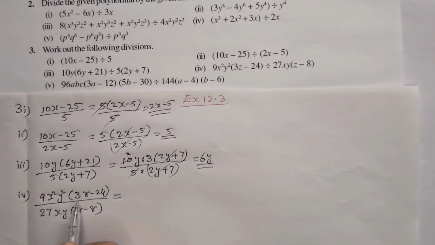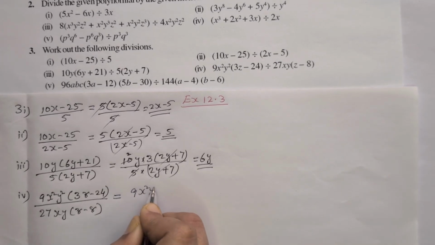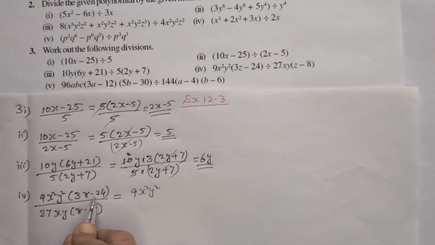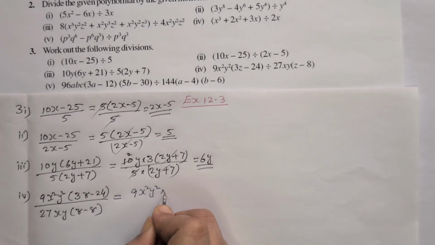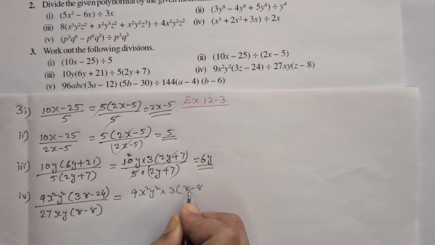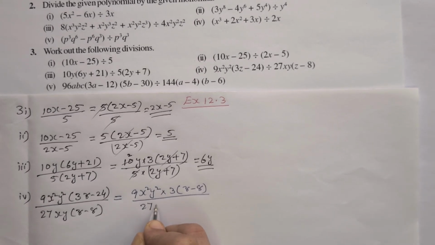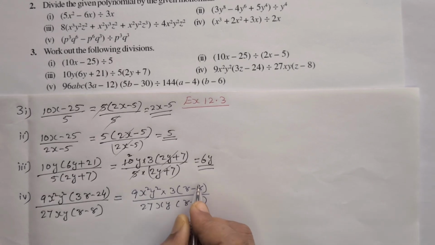Fourth one, 9h square y square into 3z minus 24 by 27hy into z minus 8. From the numerator 9h square y square into 3z minus 24, we can take 3 as common factor, into 3 then remaining z minus 8, 8 3s are 24, divided by 27hy into z minus 8.